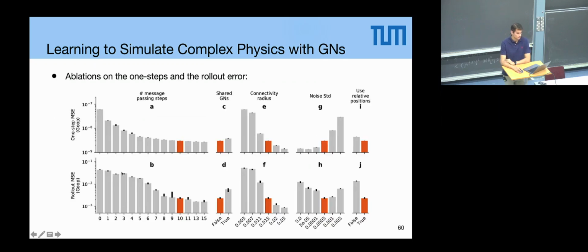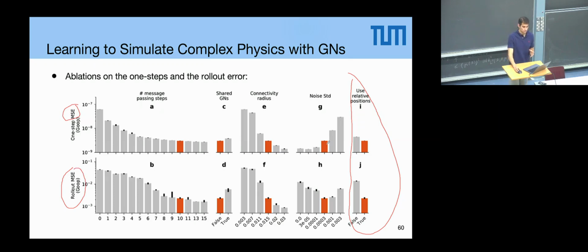Okay, and here in this slide we have a summary of different ablations and different hyperparameters to take into account in the network. So let's first have a look at the last column. In the first row we have the one-step error, and in the second row we have the mean square error through the whole rollout. This first row is not very relevant.